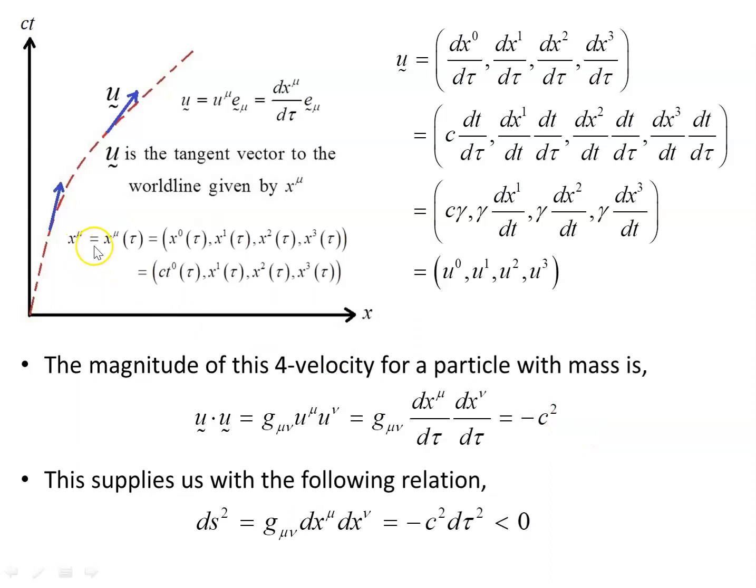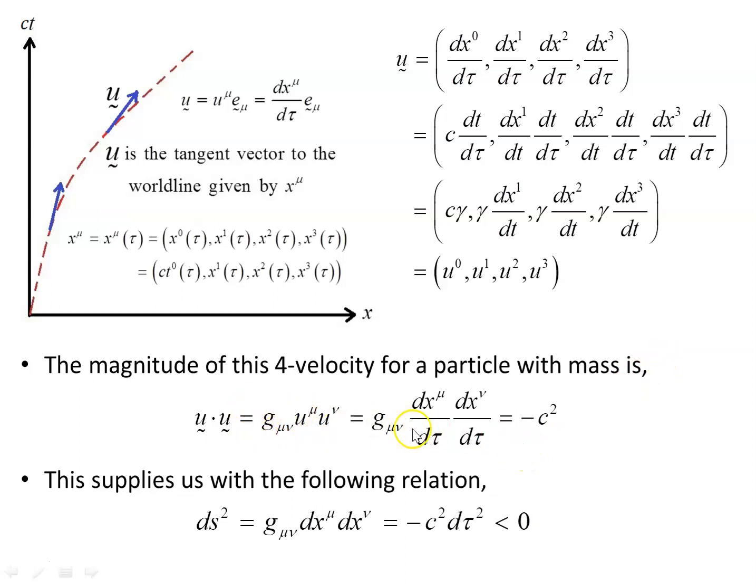But anyway, just to remind you, the coordinates of the particle, of its world line traced out by the particle, can be expressed as x0 of tau, x1 of tau, x2 of tau, x3 of tau, and remembering that there's a relationship between the coordinate time t and the proper time tau, and that's this factor of gamma, the gamma from special relativity.